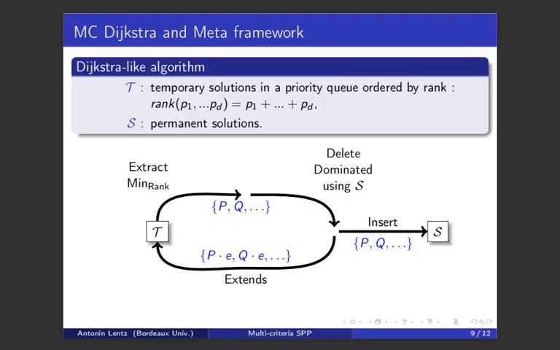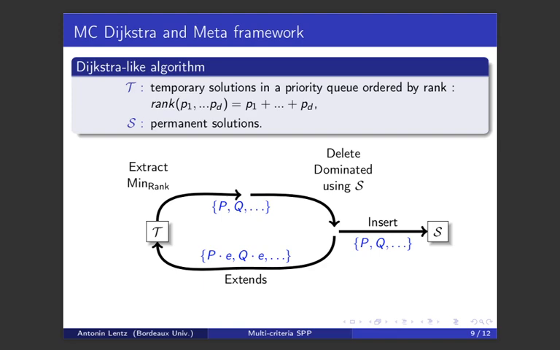So you just need to compare the path P, Q, etc. to the path in S. You don't need to use T anymore. The problem of this modification is that you might see more path, but it does not change the complexity, and in practice it's more efficient because the data structures are simpler, way simpler.